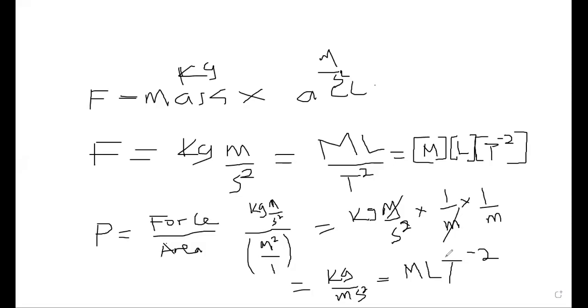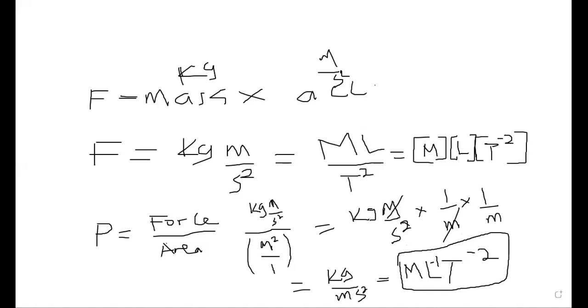I omitted a minus, this is supposed to be M L to the power minus 1. Okay, so this is the dimensions for pressure. M L to the power minus 1, T to the power minus 2.